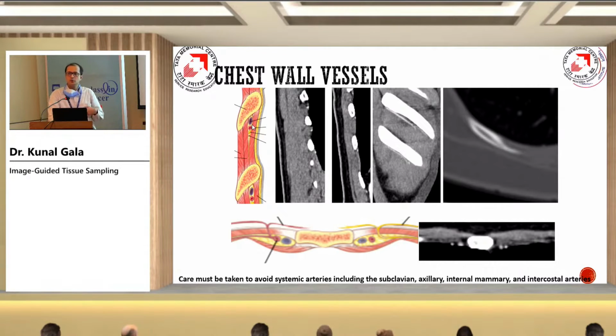So always go superior to the rib, or in the intercostal space. For the internal mammary vessels, especially for mediastinal lymph node biopsy, either we can do hydrodissection, or we can palpate the sternum and then go into the nodule. So this is how we need to approach rather than from the posterior aspect.